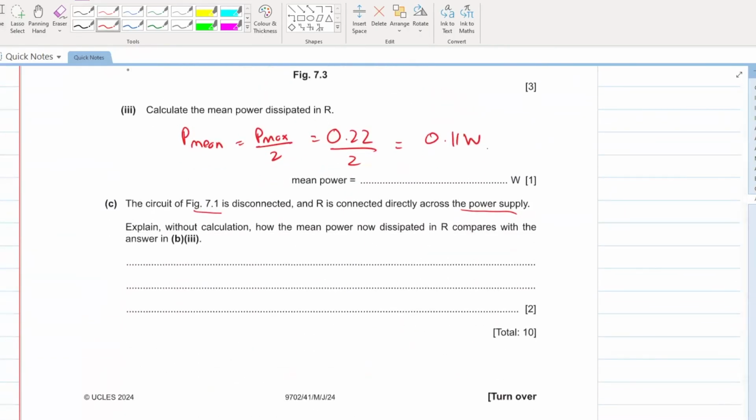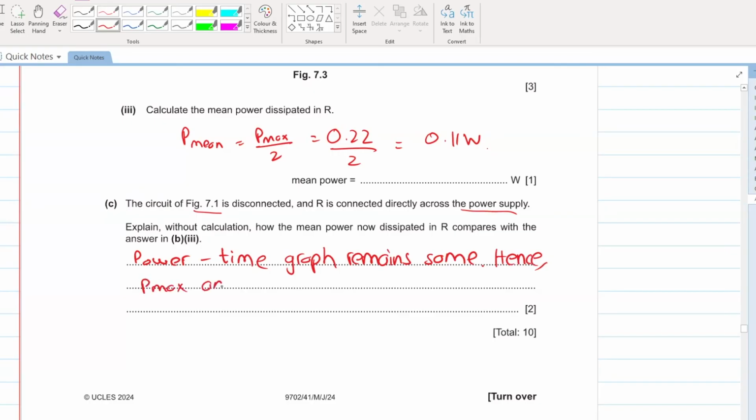How will you phrase this answer? You will say the power-time graph remains the same. Hence, your maximum power and mean power remain the same.